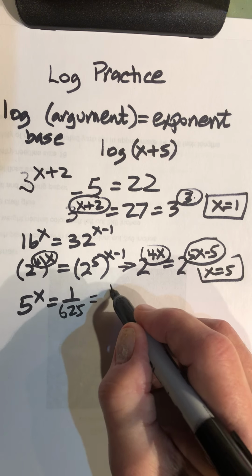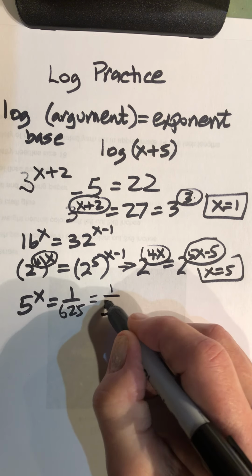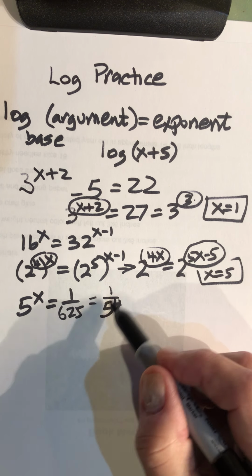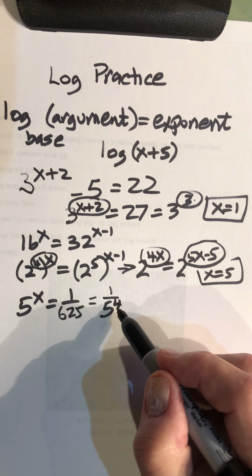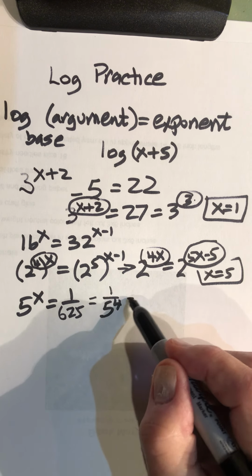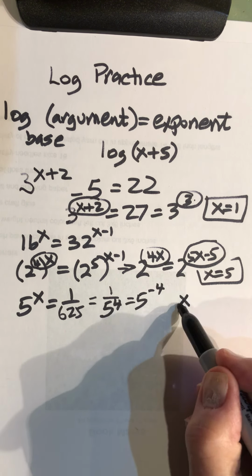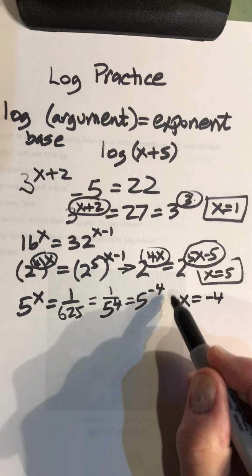That's 5 to the 4th, isn't it? So that's 1 over 5 to the 4th. Well, if I put that back on top, that changes the sign of the exponent. This equals 5 to the negative 4, so x would equal negative 4.